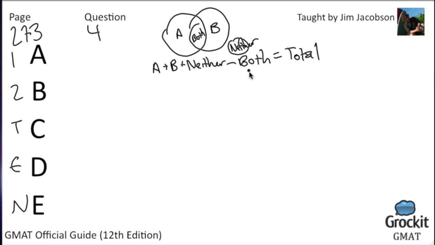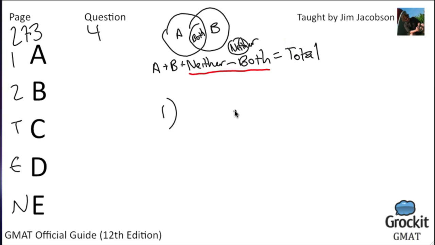And this question is actually asking us how much the number enrolled in both is less than the number enrolled in neither. So we would actually basically be figuring out this part right here, the difference between the neither and the both. So if we can get A, B, and the total from our statements, we are set.